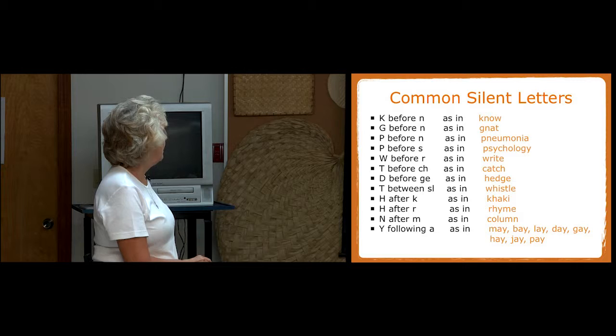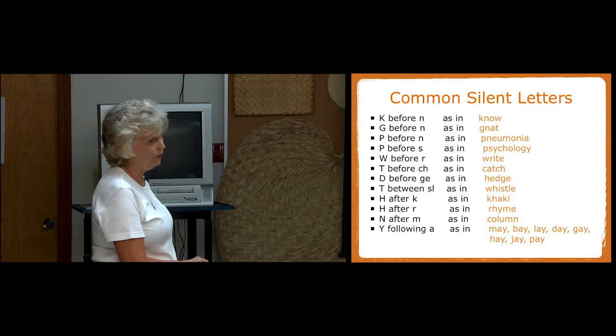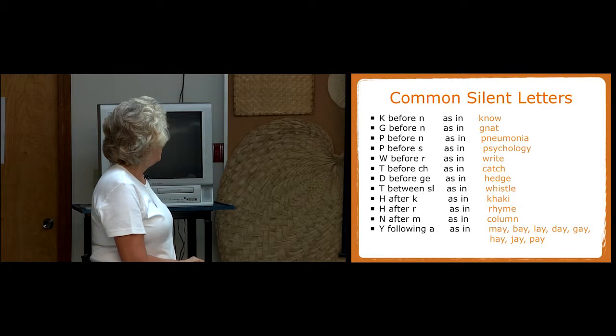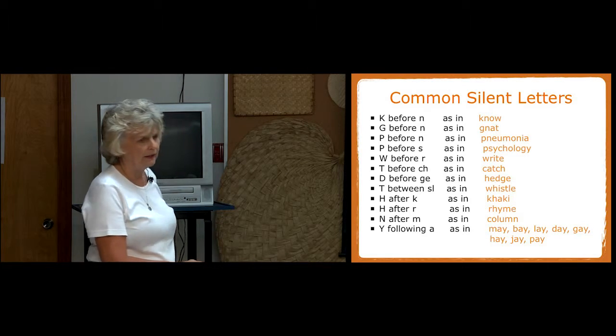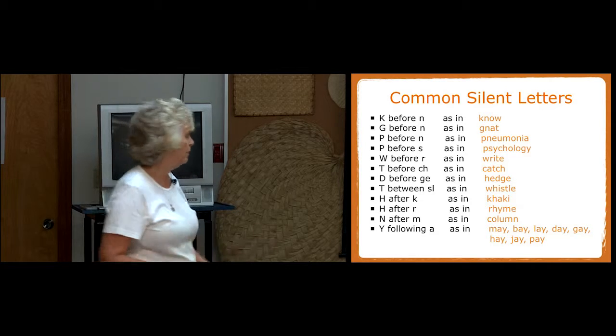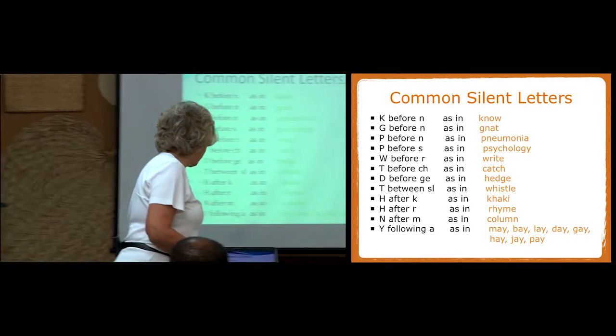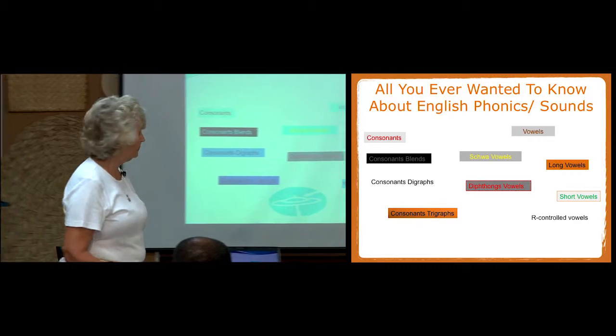Okay, you're not hearing that H. You just want to spell it R-Y-M-E, please. Okay. N after M. Column. You don't hear that N, but you have to remember to put it on there. And then Y following A as in may, bay, lay, day, gay, hey, pay. And Y is silent. You just have to remember that's how it's spelled. Okay? All right.